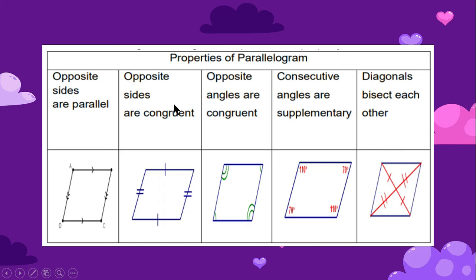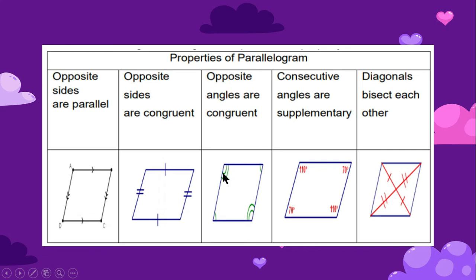The second property is that opposite sides are congruent. We use these symbols to identify that those pairs of sides are congruent. The first pair is congruent and the other pair is also congruent, so therefore it is a parallelogram. The third property is that opposite angles are congruent.